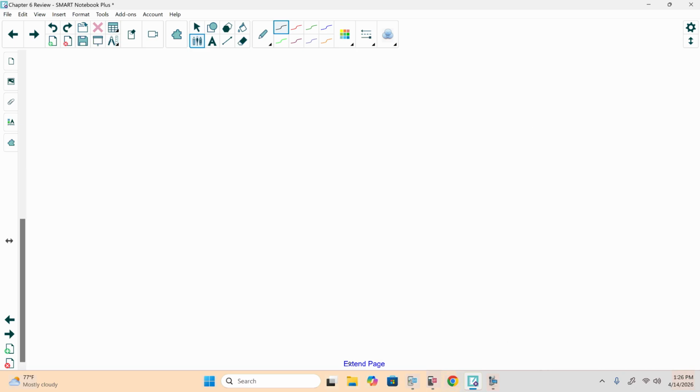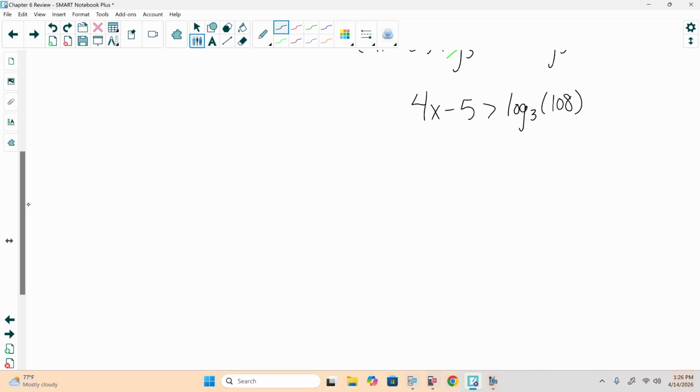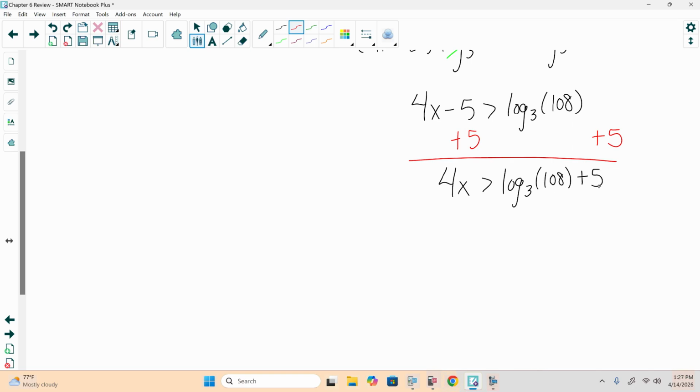Luckily for us, we don't have an x squared term or any higher degree polynomial expressions, so we just need to get x by itself. We can do that by adding 5 to both sides, telling us that 4x is greater than log base 3 of 108 plus 5.